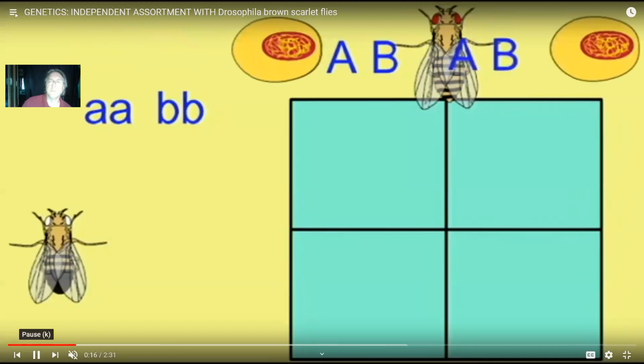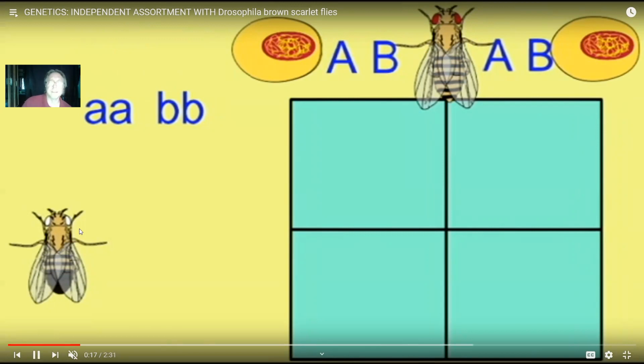Well, all of her ova will carry an A gene and a B gene, all right? But because she was homozygous, she essentially only makes gametes that have a dominant allele for the A gene and a dominant allele for the B gene.